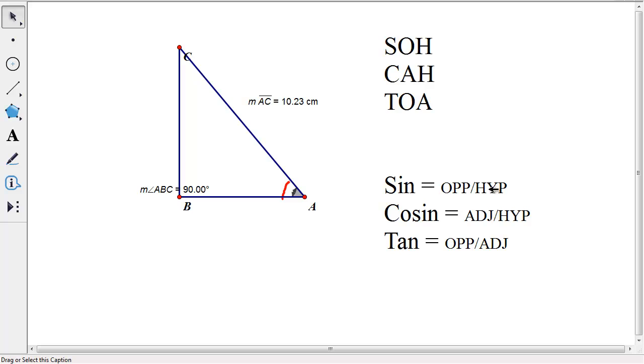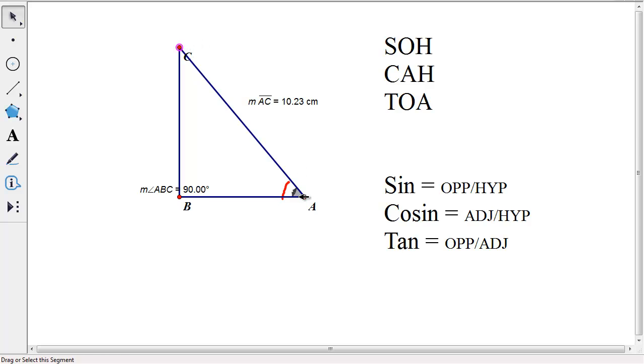Sine equals opposite over hypotenuse, cosine equals adjacent over hypotenuse, and tangent equals opposite over adjacent. If this doesn't make sense yet, in the example I'm about to show you, hopefully it will.